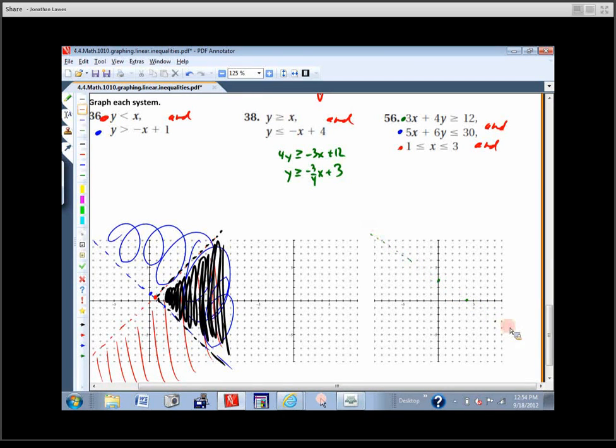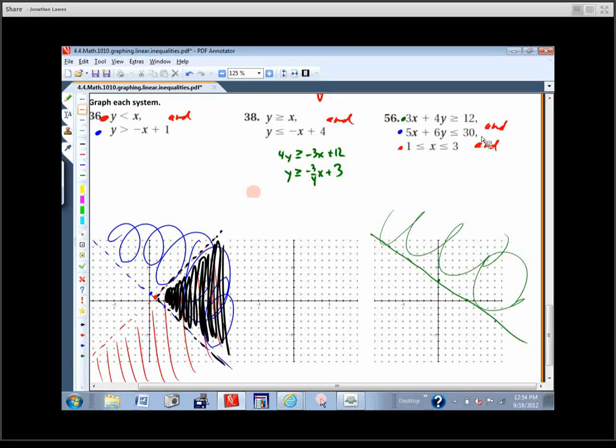Okay, that's what that looks like. Now, again, I would lightly shade to begin with. That solid line is fine, but I'd lightly shade. This is y's that are greater than, so it's going to be above. So I'm going to do this kind of lightly. Okay. Now we'll do the blue one.